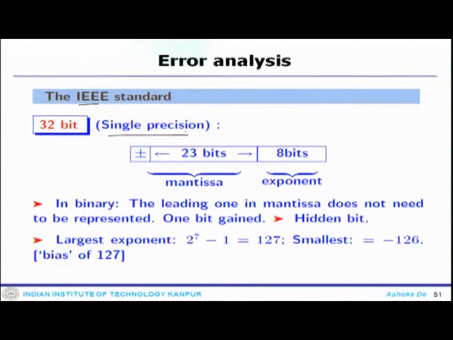Some laptops are available with 32-bit precision, but now the hardware has gone to that extent where you can get 64-bit precision or high end precision. But what happens if you have a 32-bit precision or single precision system?